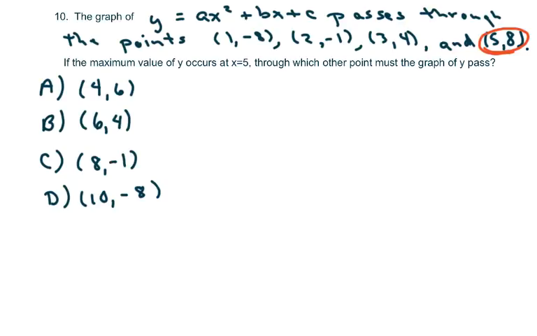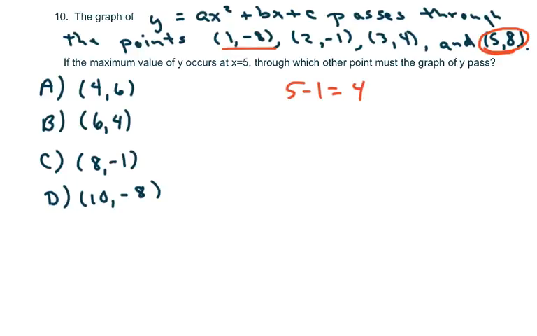The first point, (-1, -8), is 4 units to the left of the vertex, because 5 minus 1 is 4.